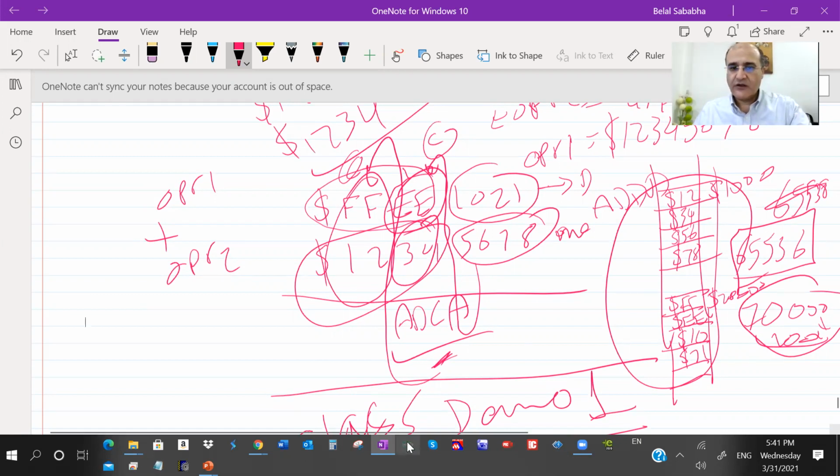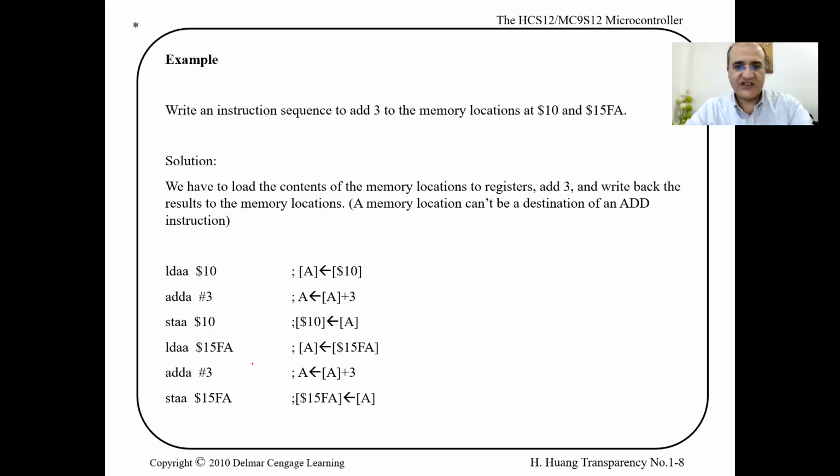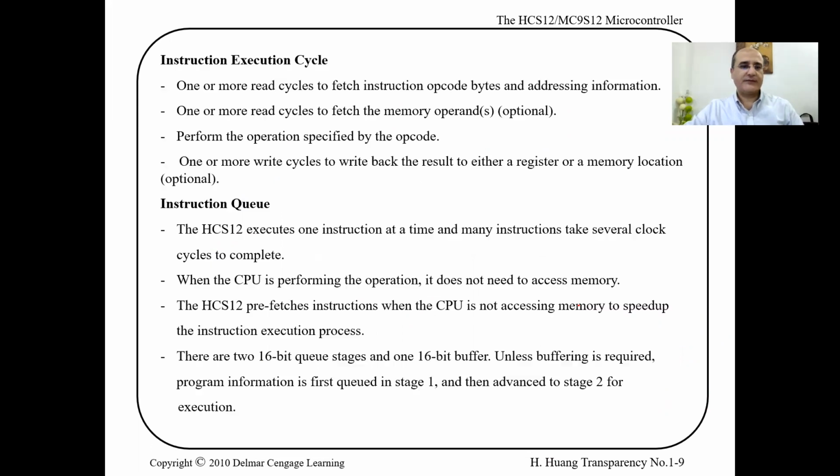But long story short, there are instructions that can add an operand to a register with the carry flag. Same for the subtraction. You can read these examples running on your hardware. Find it in the class demo, and let me know if you have any questions.